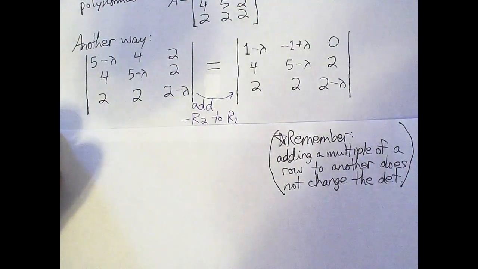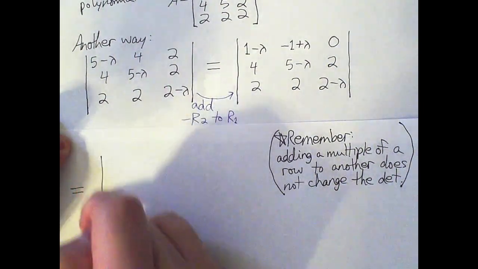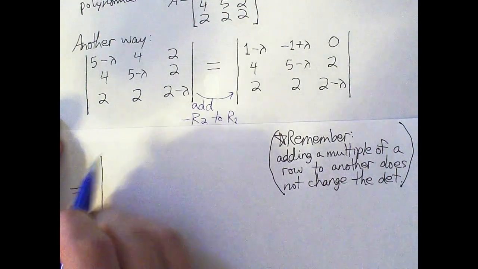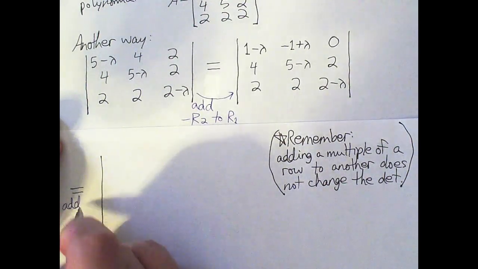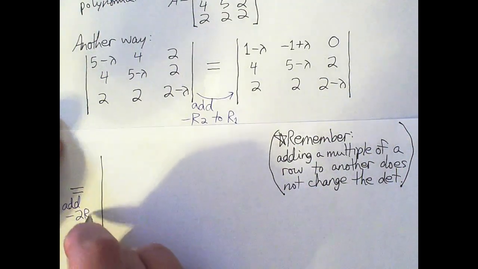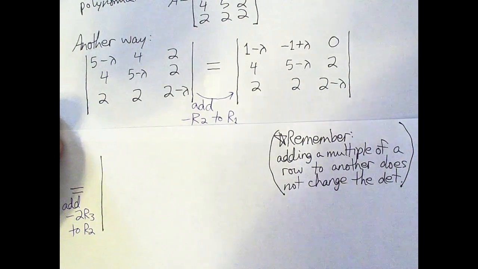All right, so what I'm going to do next, I'm going to put an equal sign because I'm saying this determinant is equal to this. The step that I'm going to do here is I'm going to add -2 times row 3 to row 2. Let's try to get another 0 to show up.